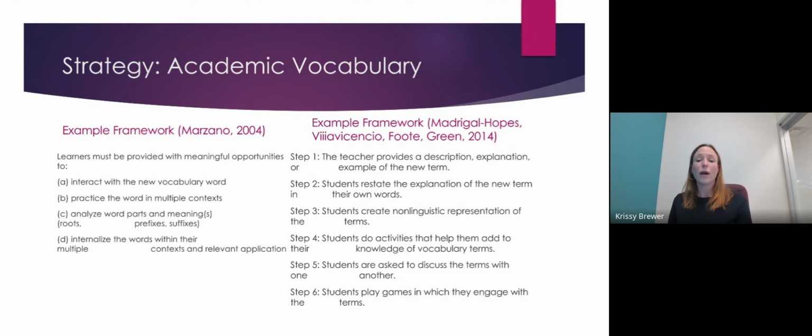And then they do activities that help them add to their knowledge of the vocabulary terms. One of those activities should be discussing the terms with each other, some kind of collaborative activity where those new vocabulary words will come up. And playing a game, gamification, is a really useful strategy when we're acquiring new vocabulary.